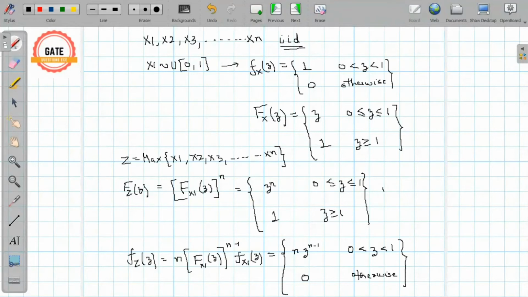So this is the expression for the CDF of Z and this is the expression for the PDF of Z. That is our part A.